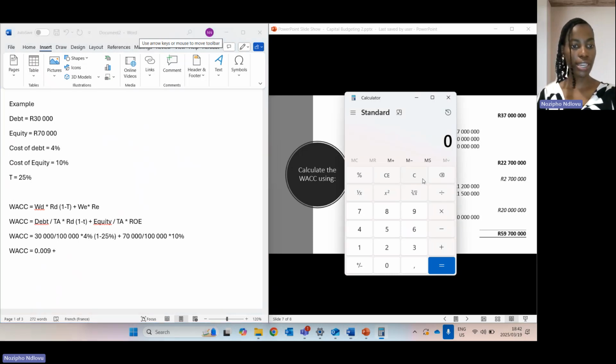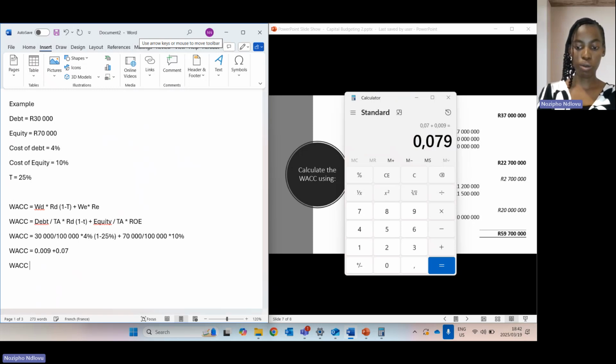Multiply, not multiply, add. Then you say 70,000, and then divide by 100,000. Then we have our answer to be 70%. Multiply that by 0.1. It gives you 0.07. If you take this 0.07, let's just make sure we clear that 0.07. Then you add the 0.009. You should get 7%.